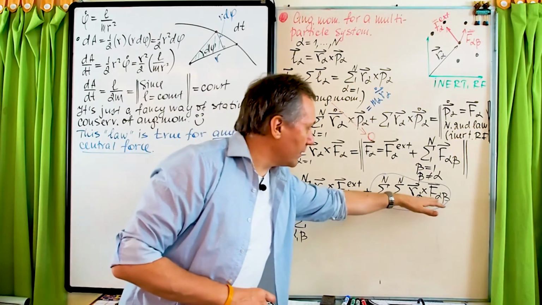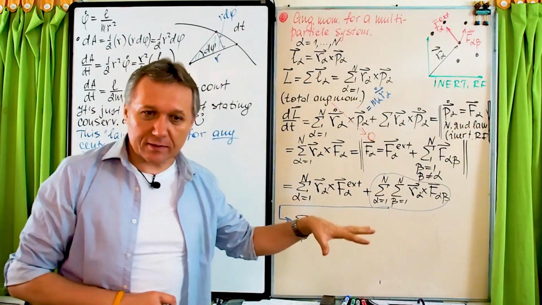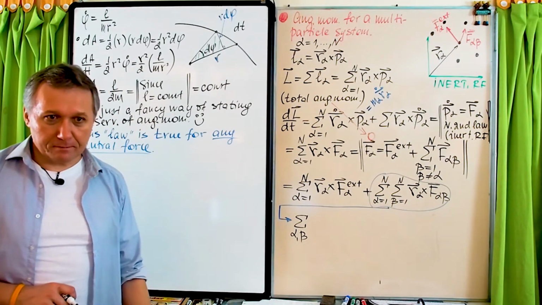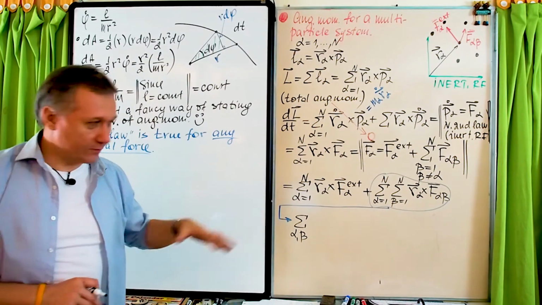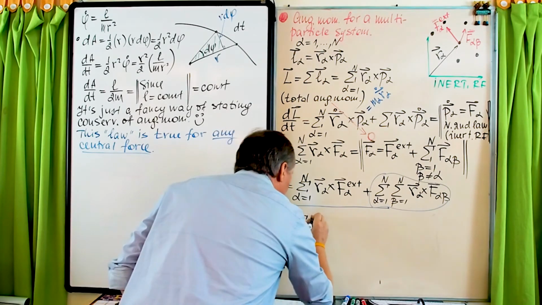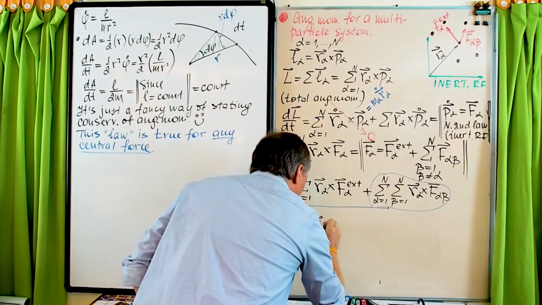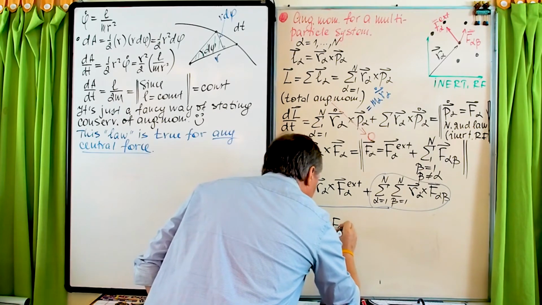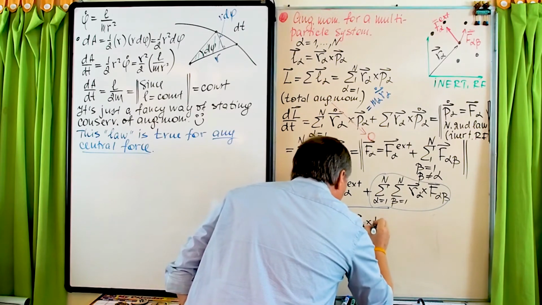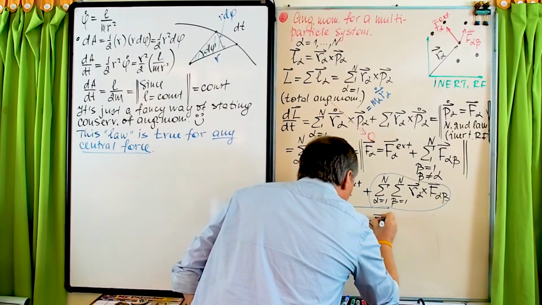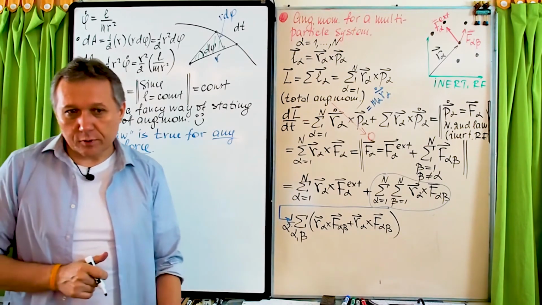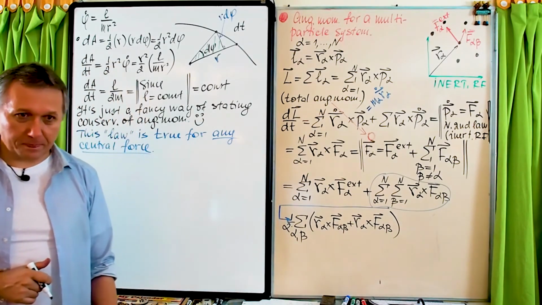So 1 over 2, R alpha cross F alpha beta plus R alpha cross F alpha beta. So I double the number of terms and divide by 2. Okay, so far it's not a mathematical crime.